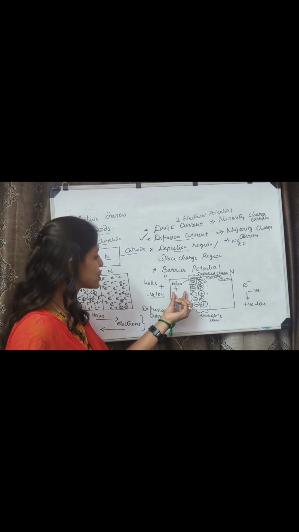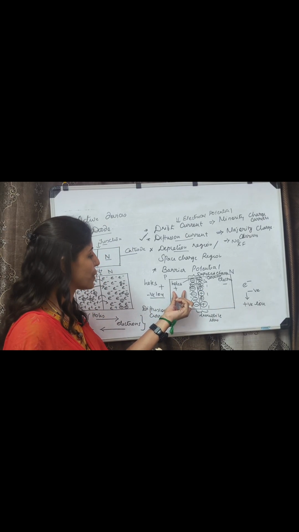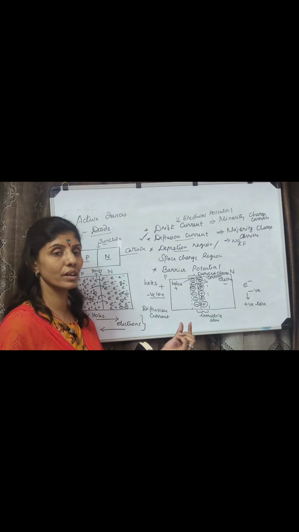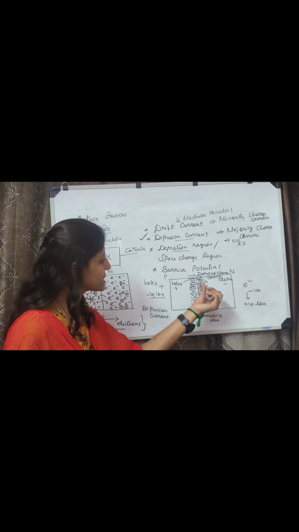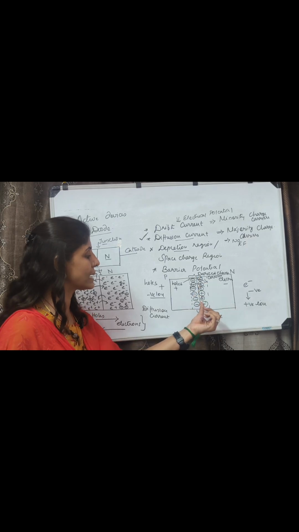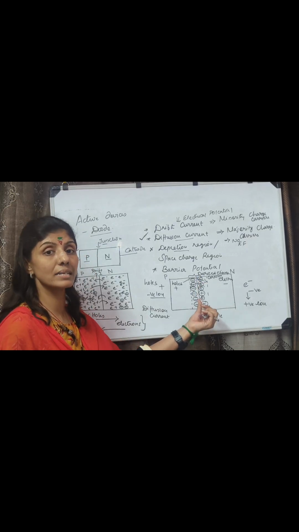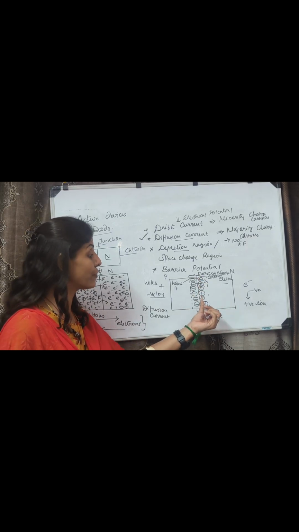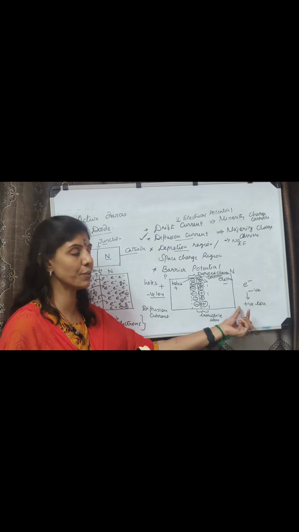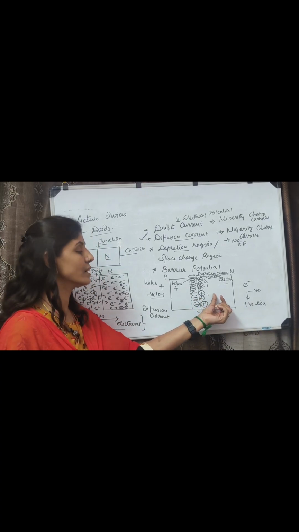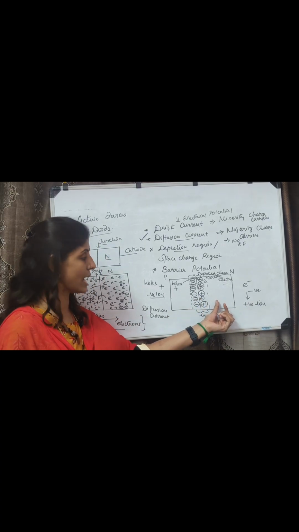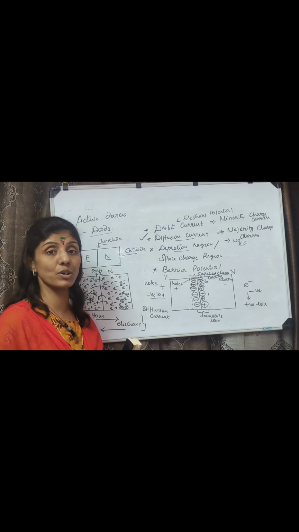See, once these holes try to move from their own region to the N region, but near the junction, what particles are available? Immobile ions are available. What kind of immobile ion is it? Positive ion. So the approaching charge is positive, and the available charge is also positive.